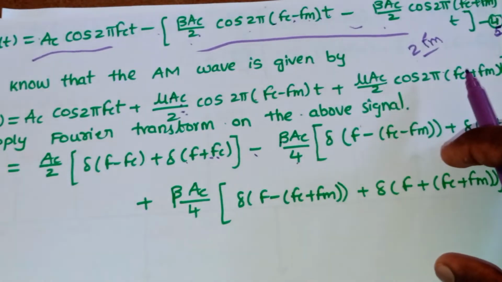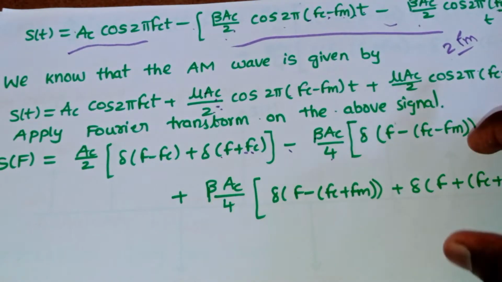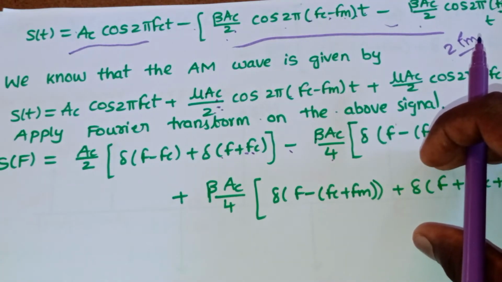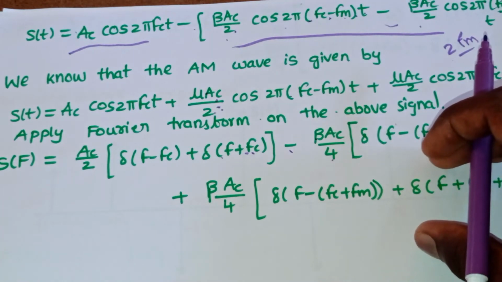This is the Fourier transformed signal of the narrowband FM. By using this equation, we can draw the spectrum of narrowband FM.